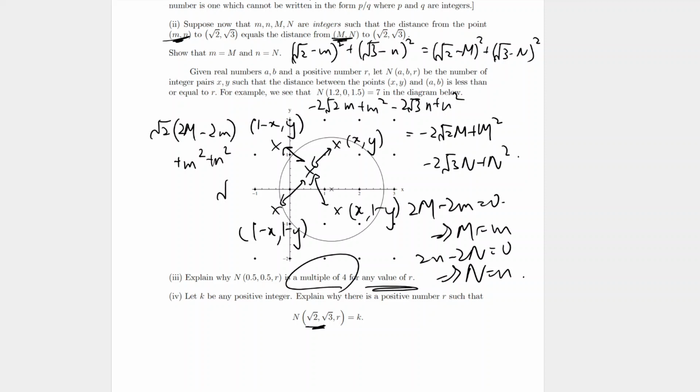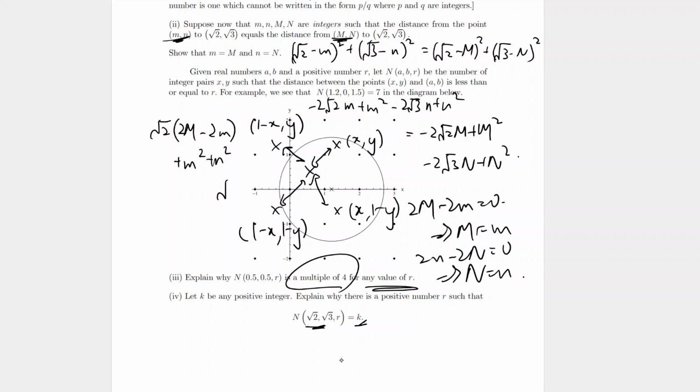Okay, so if there's a unique point at each certain distance from (root 2, root 3), that means every single point is of a different distance from (root 2, root 3).